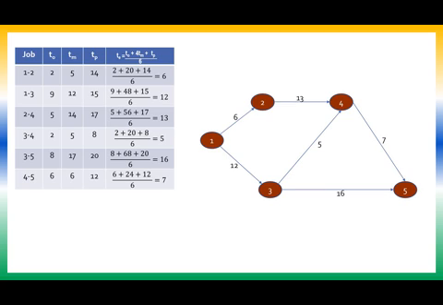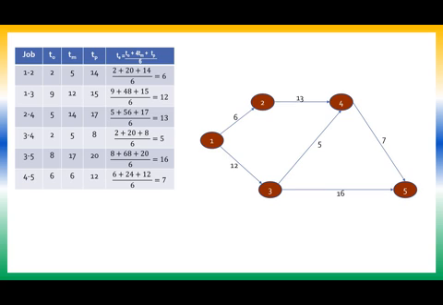So I'll compute the expected time, which will be 2 plus 5 fours are 20 plus 14, divided by 6, which will be 6. Then 9 plus 12 fours are 48 plus 15, divided by 6, will be 12. 5 plus 14 fours are 56 plus 17, divided by 6, will be 13.